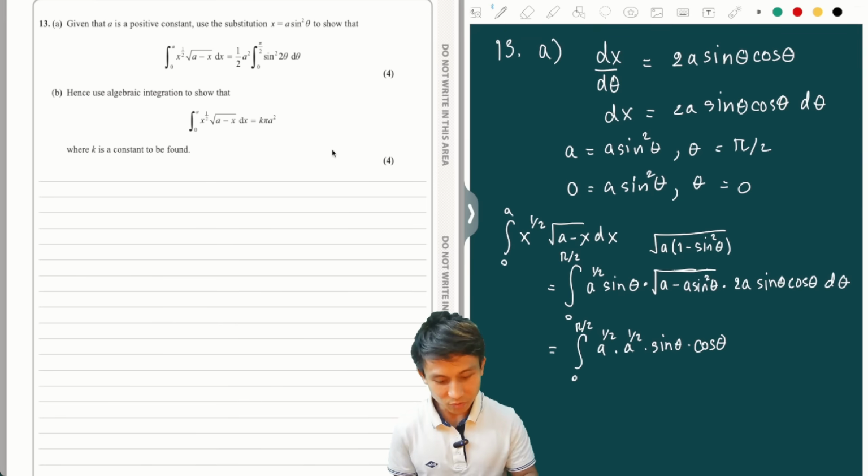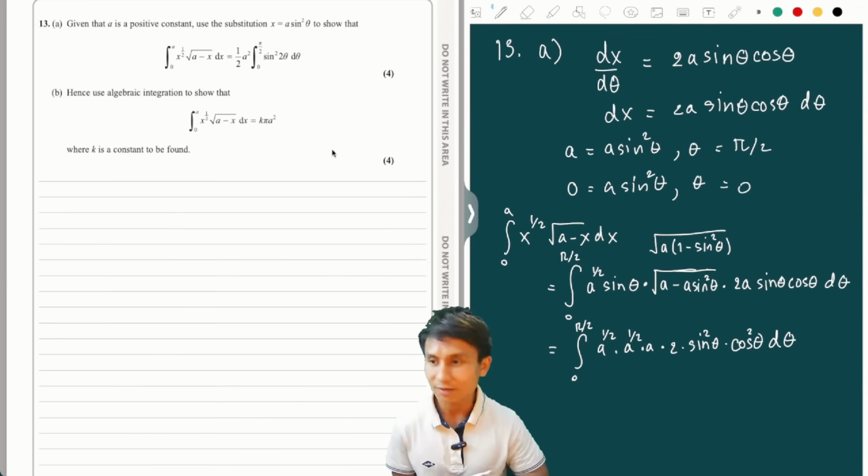And then you have another 2a here. Then I can group them, and maybe I'll put another a here, and then sine theta cos theta again. Actually, I can just do sine squared and cos squared already, to save some space in writing.